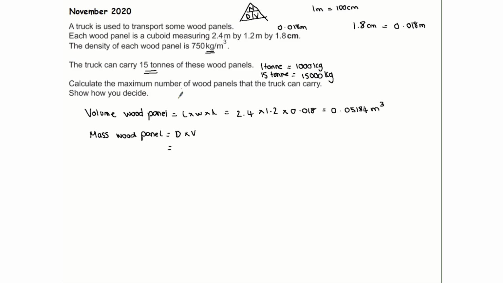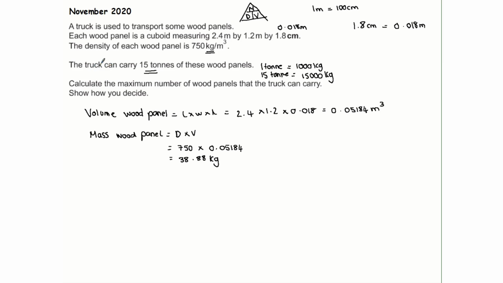So we know the density from here, so I'm going to have to do 750 times this value here, which is 0.05184. And that gives me an answer of 38.88, and if you remember, it's in kilograms.